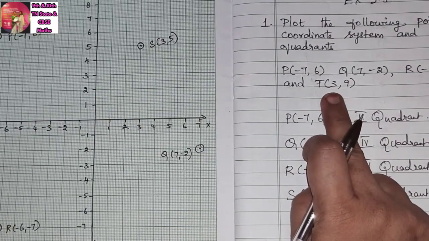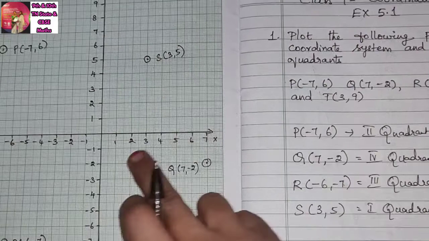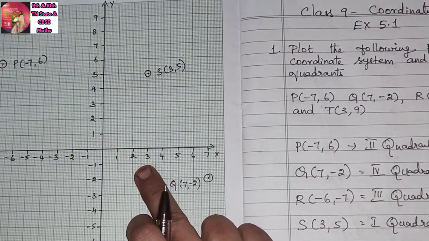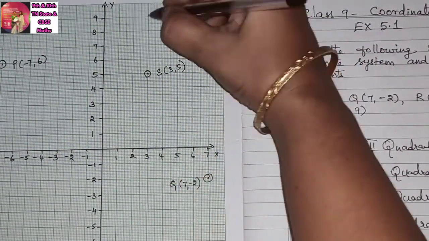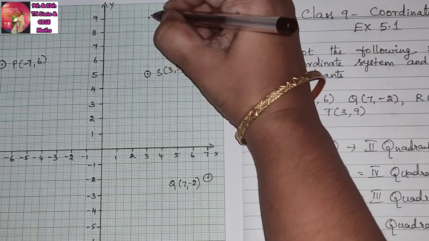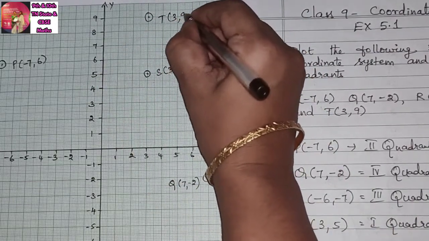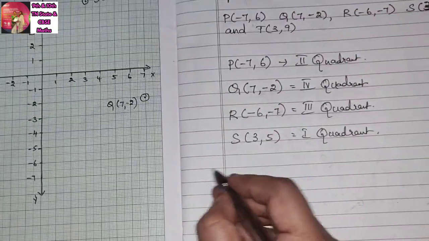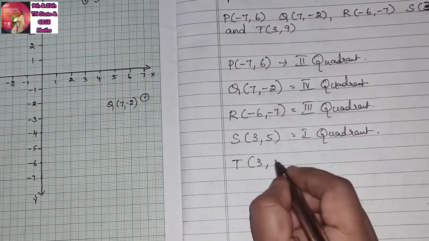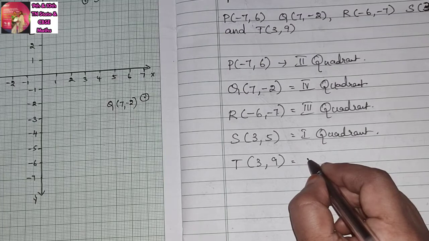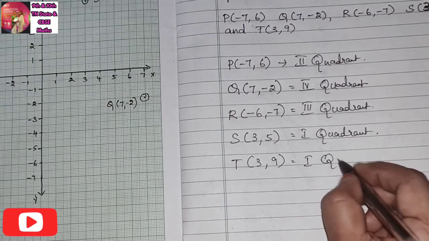This one also has both positive, so that will also be in the first quadrant. So 3, 9 will be this point. So T 3, 9 is also in the first quadrant.